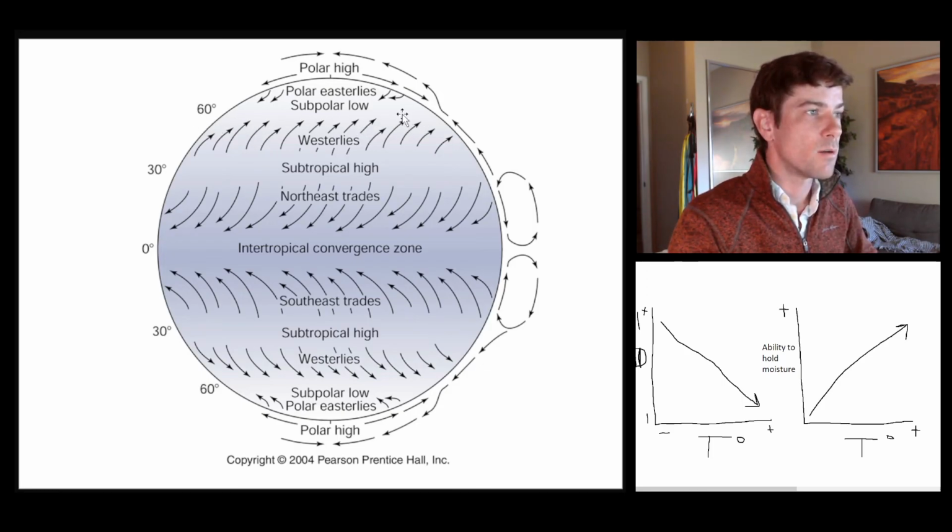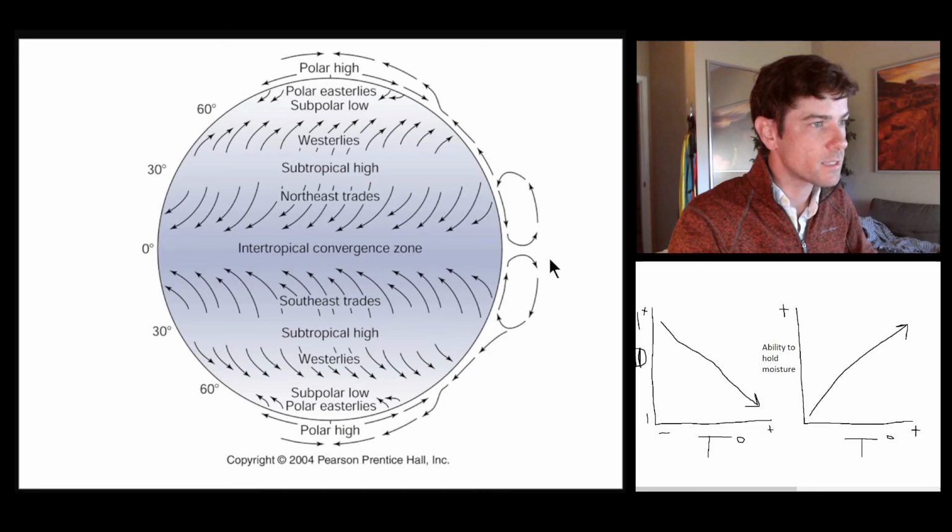It flows more or less at the Canadian-U.S. border. We also have westerlies in the southern hemisphere down here, between about 45 and 60 degrees. There is a continuous atmospheric current at the Earth's surface that flows from west to east. Those are permanent features of the Earth's atmosphere.